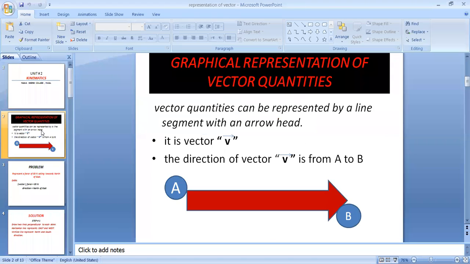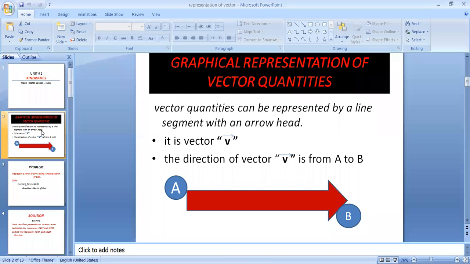Now today's topic is graphical representation of vector quantities. In yesterday's class we only discussed how a vector quantity can be written. How can we draw it? This was not done.